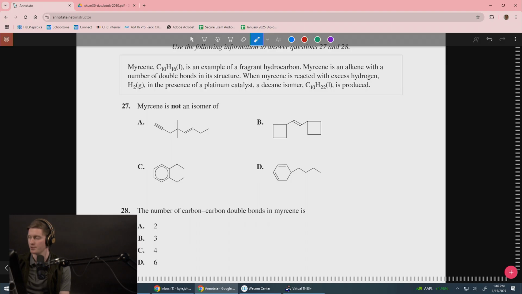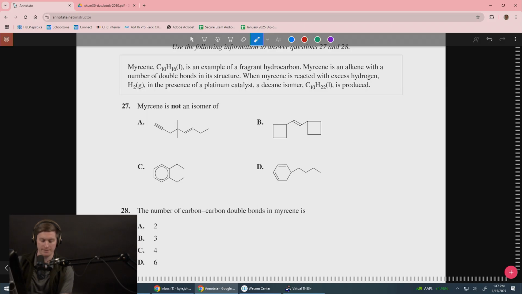Myrcene, I think I'm pronouncing that right, is an example of a fragrant hydrocarbon. Myrcene is an alkene with a number of double bonds in its structure. When myrcene is reacted with excess hydrogen, H2, in the presence of a platinum catalyst, a decane isomer, C10H22, is produced.